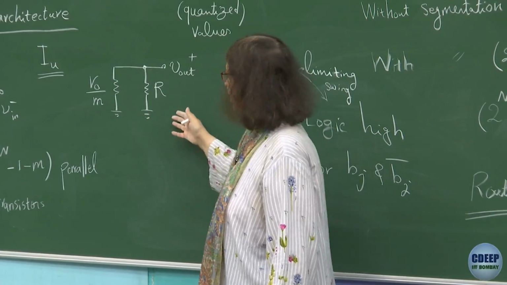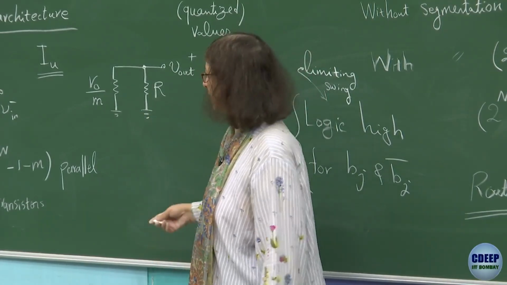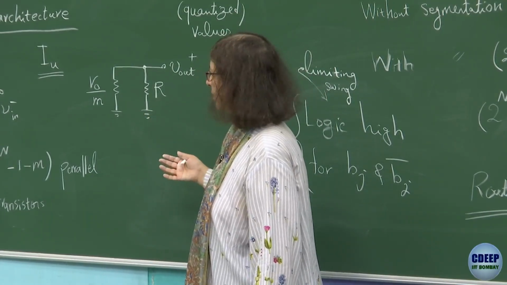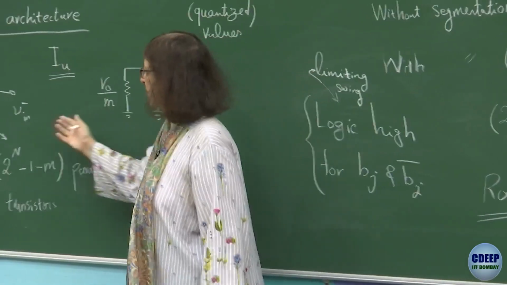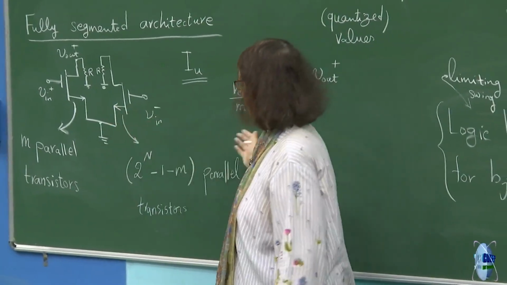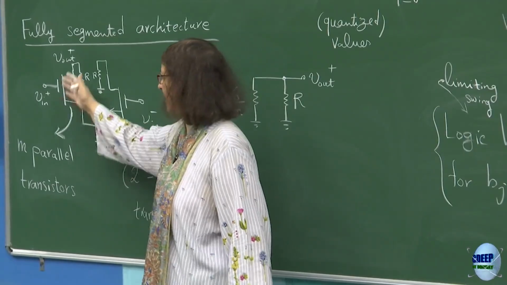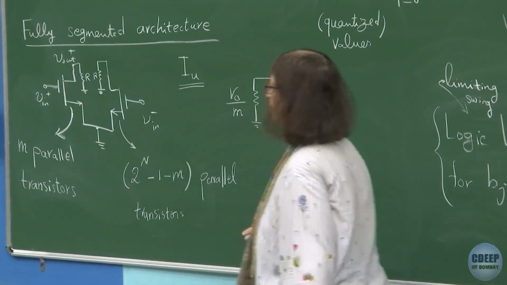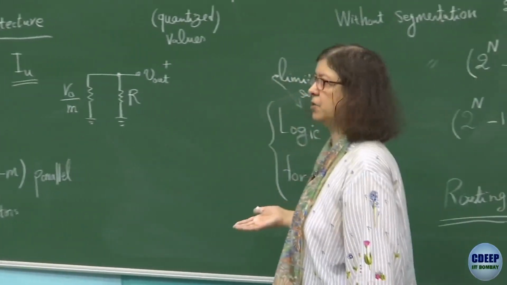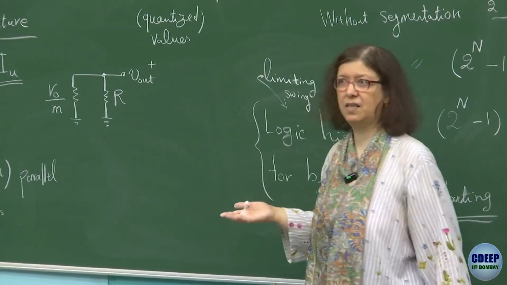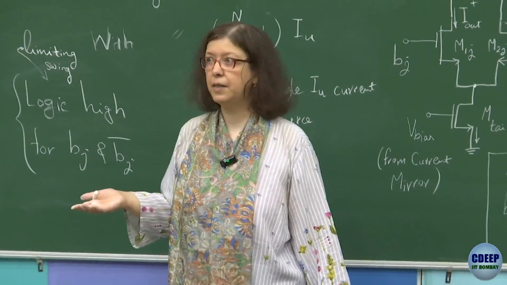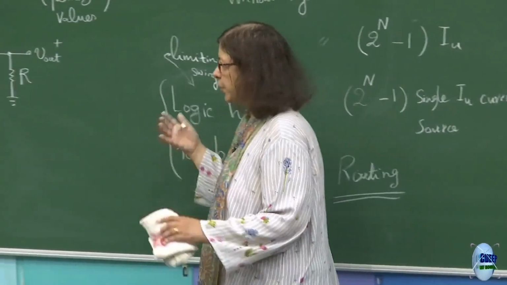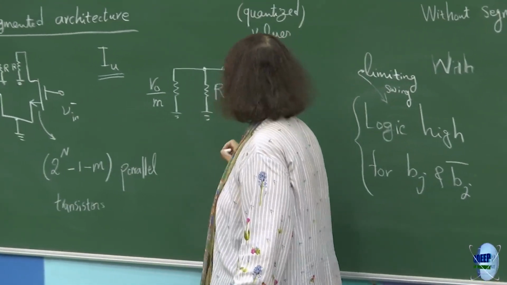Now what is the effect of this loading? As we increase m, say m is on the left side, we will have more and more issues with nonlinearity as m increases. Why?